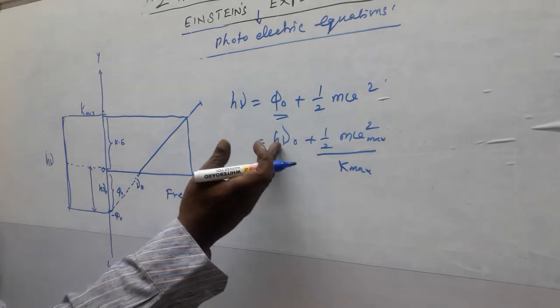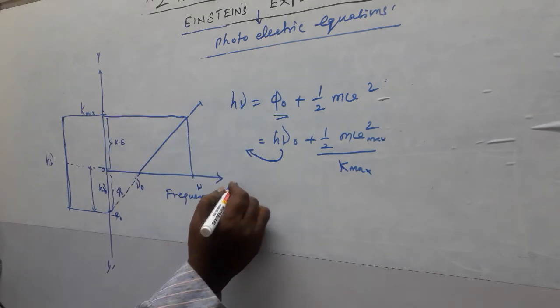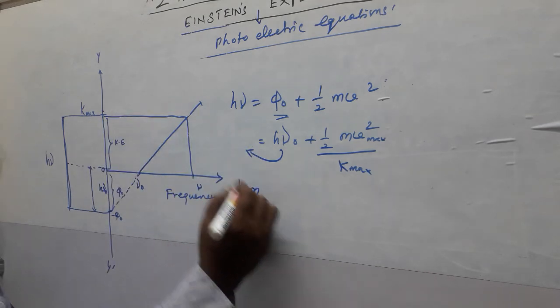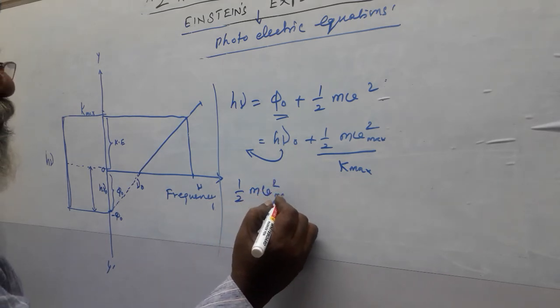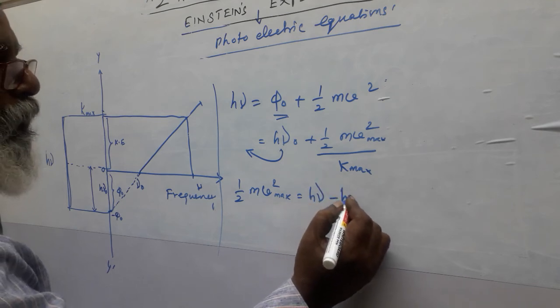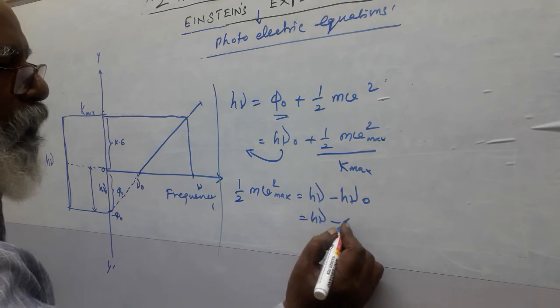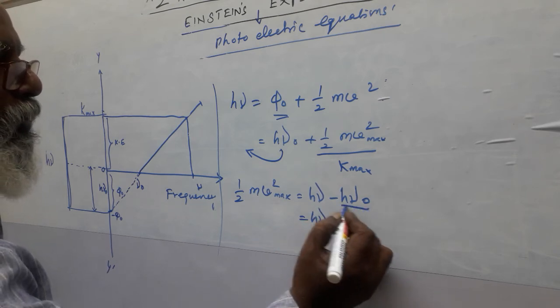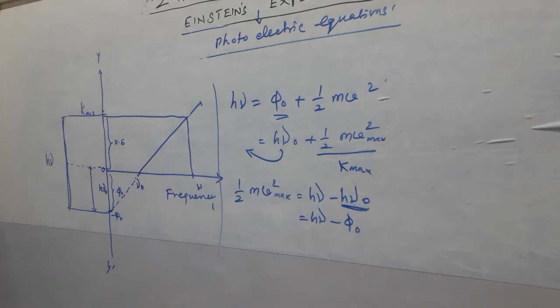Then you have to take this value to that side, so that we get half m v square maximum is equal to h nu minus h nu naught, or you can write h nu minus phi naught. This is the energy equivalent to the work done. Are you clear? This is equation number 3.